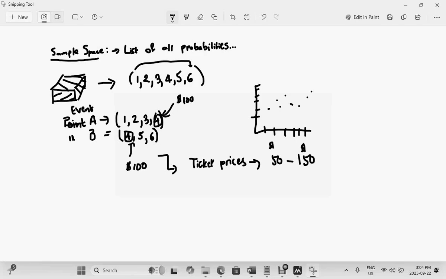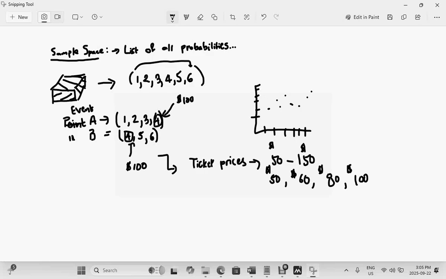In that range, you're going to list all the ticket prices. If you're sitting in the back row, it will be 50 bucks. If you're sitting one row in the front, this will be $60. Two rows in front of the back row, this will be $80, and so on and so forth.